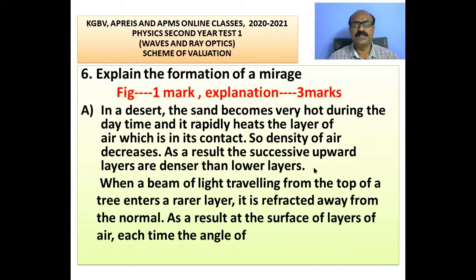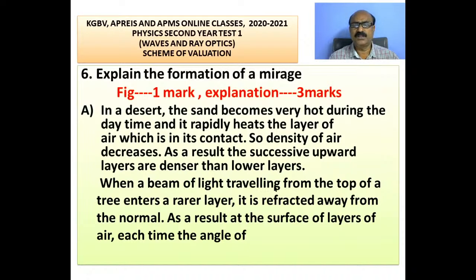So when the light is traveling from the top layer, denser medium, to the lower layer, rarer medium, this is the condition to satisfy the critical angle or the total internal reflection. Always light has to travel from denser medium to rarer medium. So top layers are considered as denser medium, and the bottom layers are considered as the rarer medium. So this condition is satisfied.